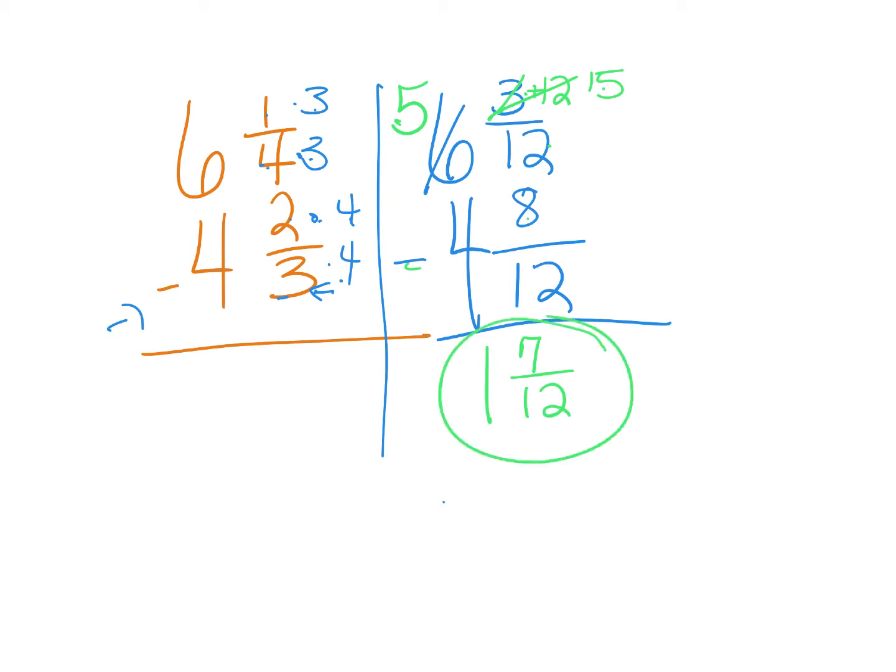So remember that. You have to borrow from the whole number, and when you do so, you simply add the denominator to the numerator, leave the denominator the same, and then do your subtraction. Okay?